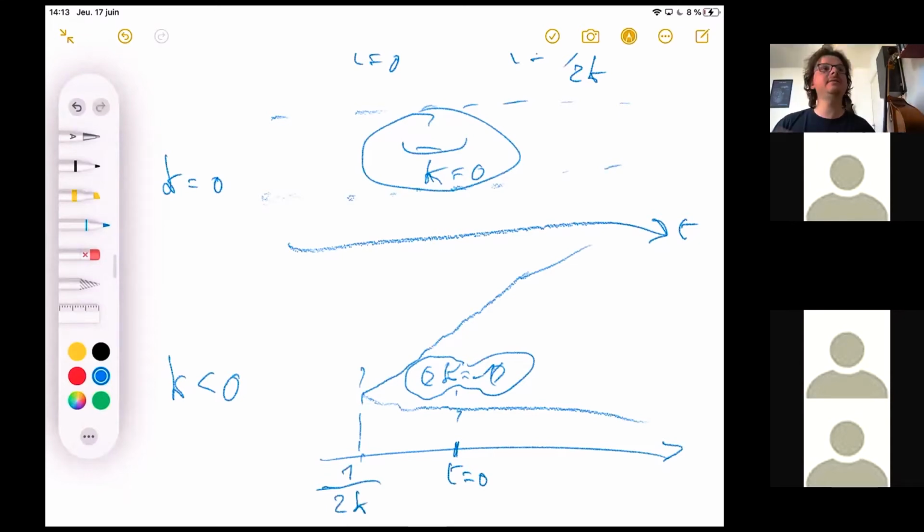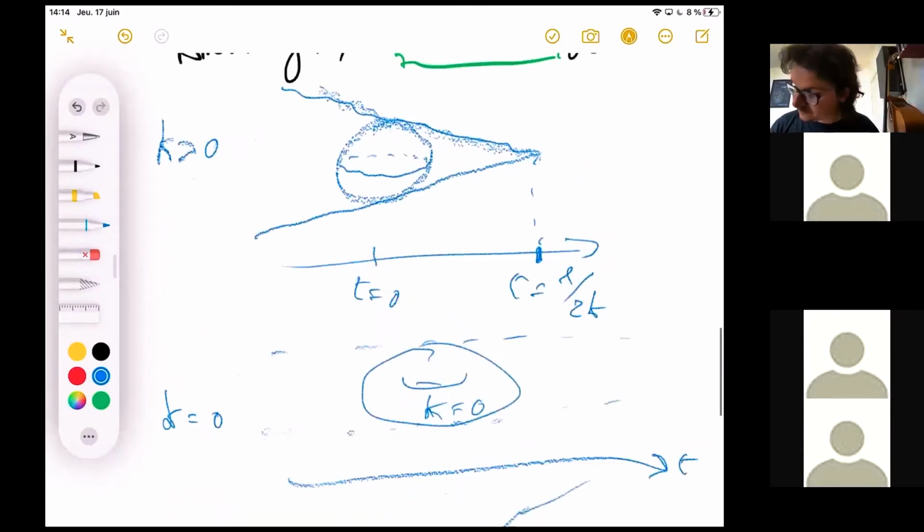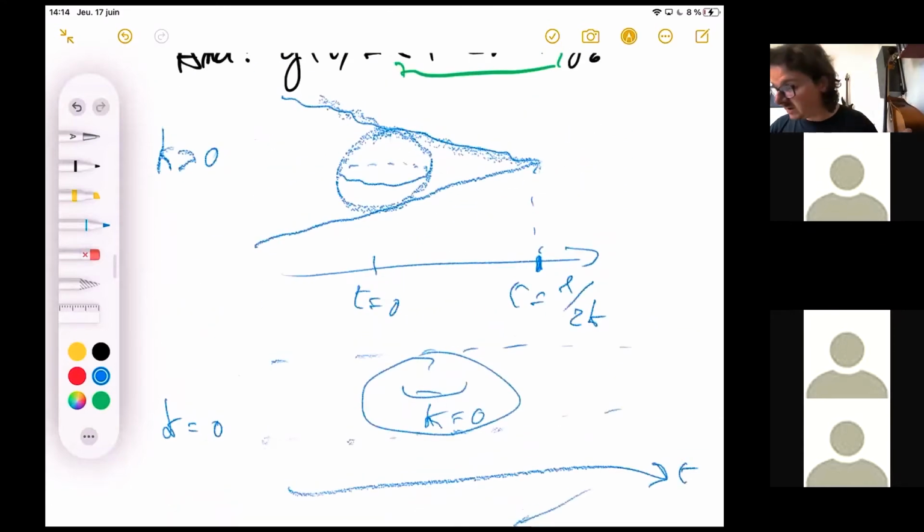So we see here some special kind of solutions. They only move by homothety, and they are defined on an unbounded interval. A bit of vocabulary. Solutions which exist for all times in the past are called ancient.